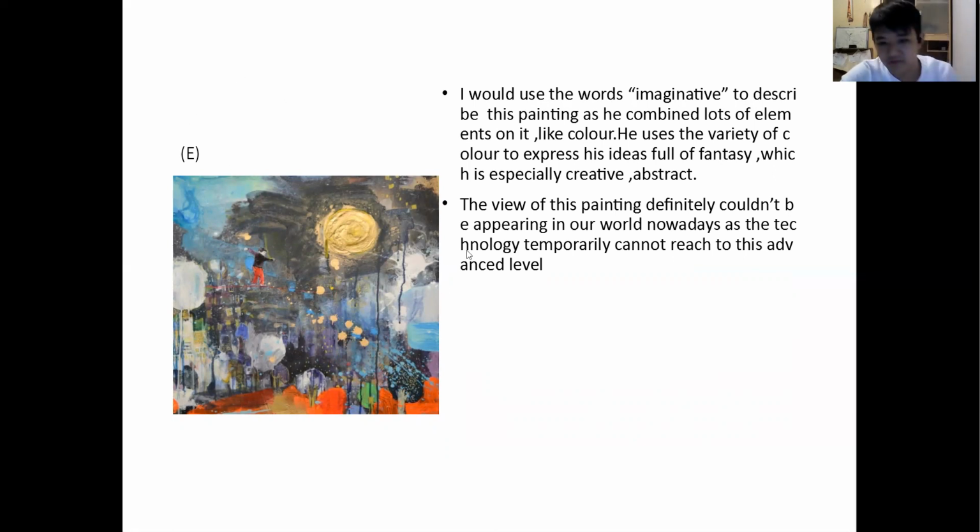He used a variety of colors to express his ideas, full of fantasy, which is especially creative and abstract. He's very creative and imaginative. You know, the painting couldn't definitely become real in our world nowadays as the technology temporarily cannot reach this advanced level.